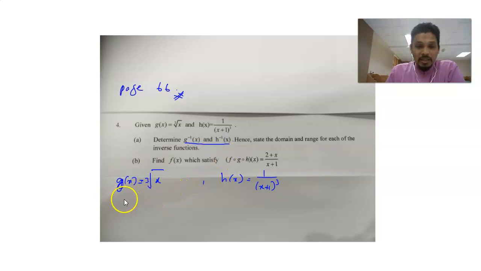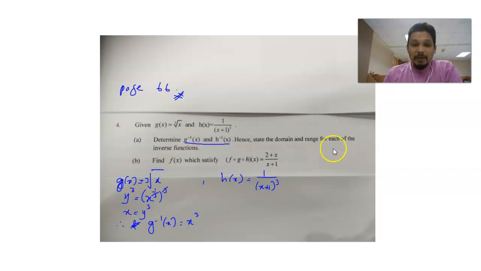In this case, let's change this into terms of y. y equals x to the power of 1 over 3. So we power both the left side and the right side by 3. Then x equals y cubed. So that means g inverse equals x cubed.